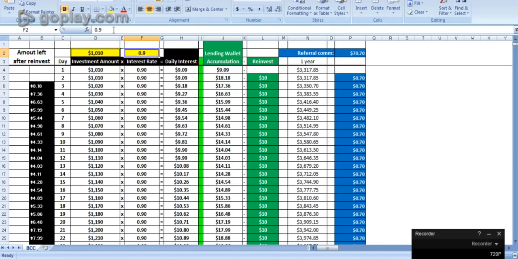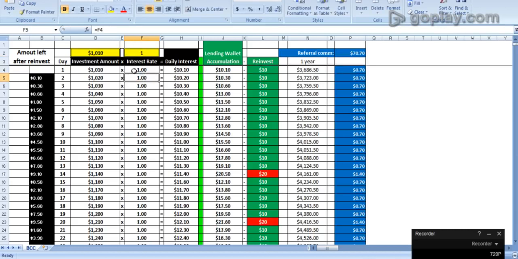So instead of 0.9, it would be 1% in this example. So your $1,010 paid out at the 1% example would give you a daily interest of $10.10.